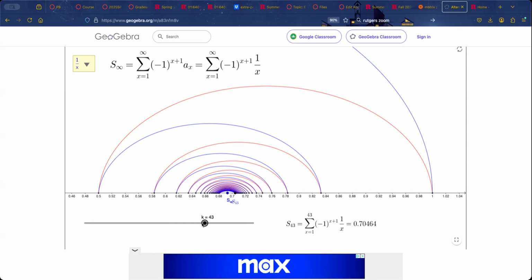I'll give you an idea of why that works, but in practice you just use it, and it is a very useful test because it covers other situations. So let's end here, and next time I'll tell you more about the alternating series.